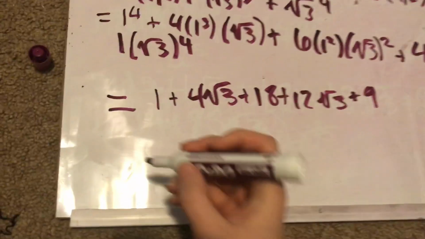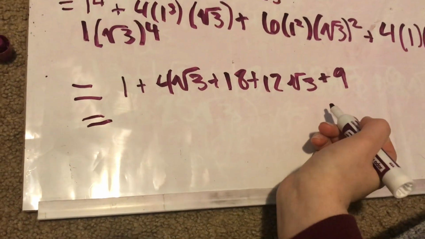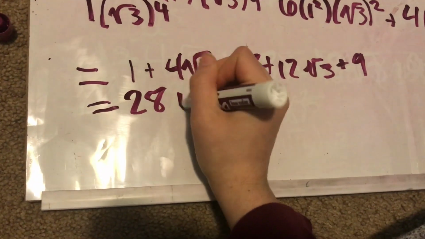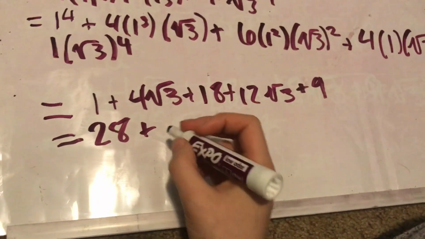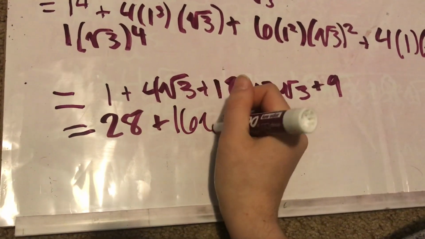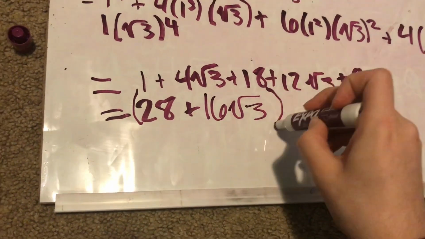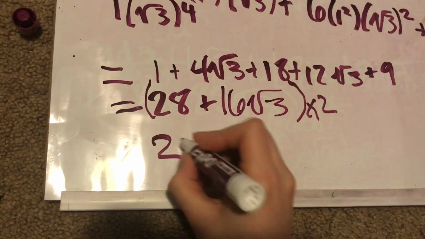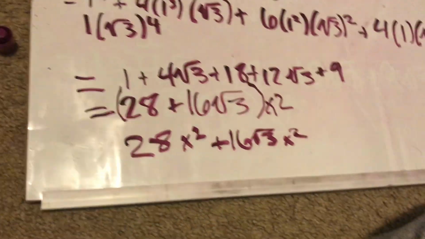So that here gives us 1 plus 18 plus 9, which is 28, plus 4 square root of 3 plus 12 square root of 3 is going to be 16 square root of 3. Now don't forget, we have to multiply this out by x squared. That's going to be 28x squared plus 16 square root of 3 x squared.